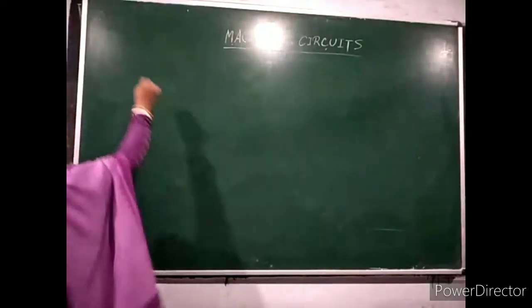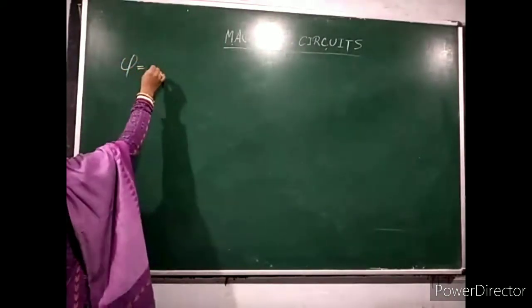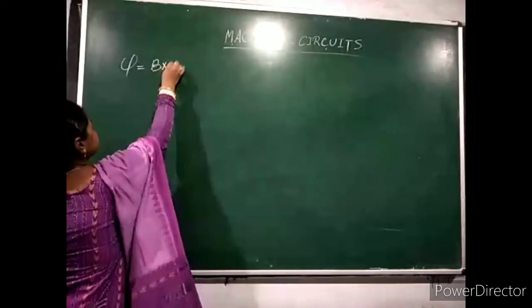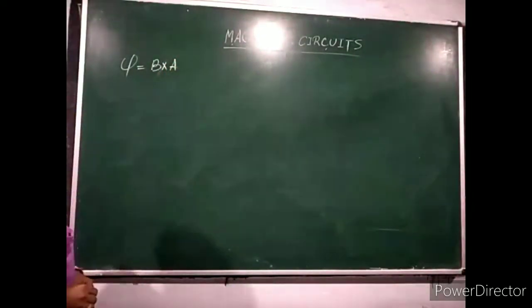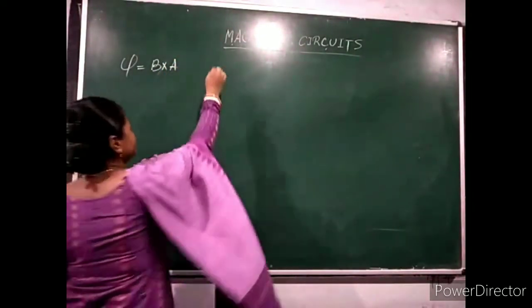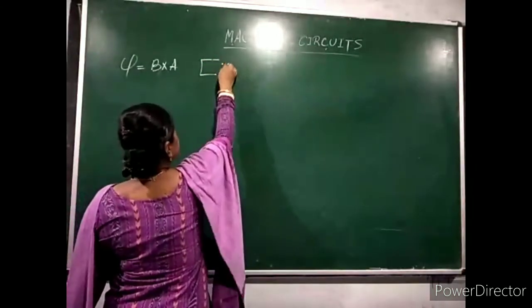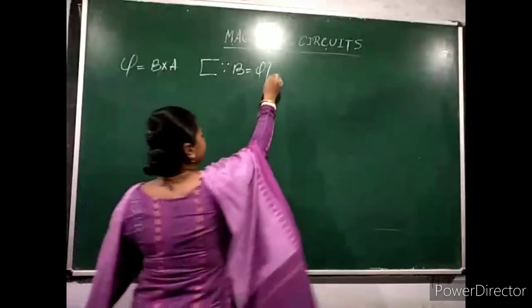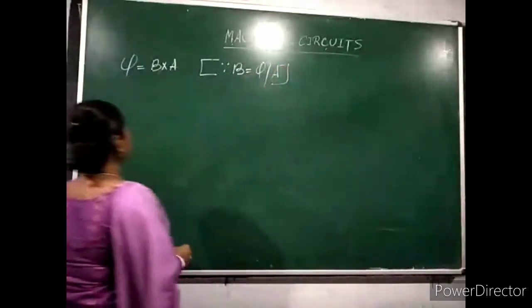You know that flux is equal to flux density into the cross sectional area of the magnetic material, since flux density is flux per unit area.